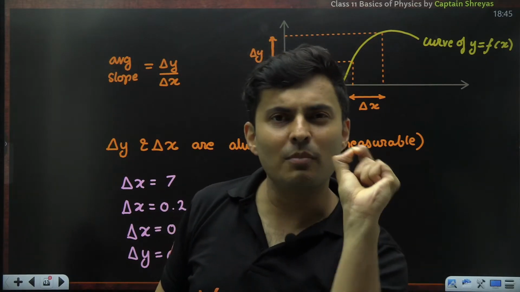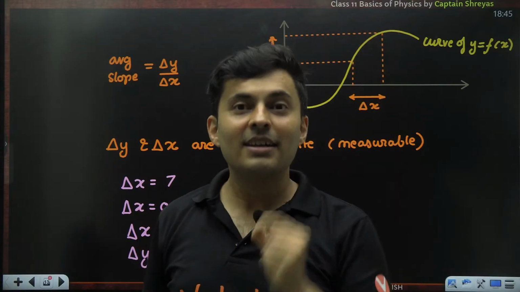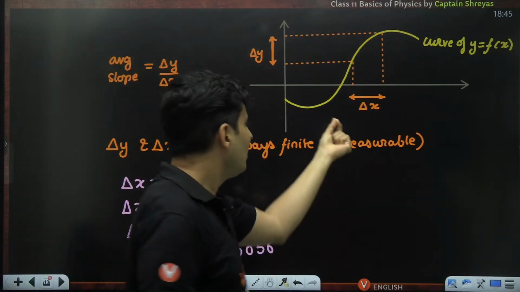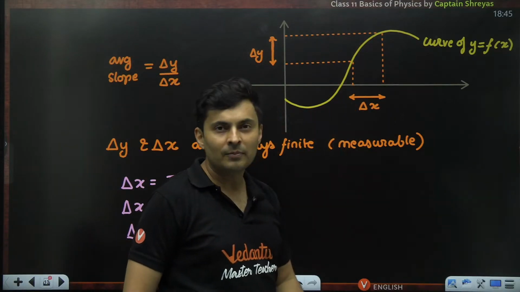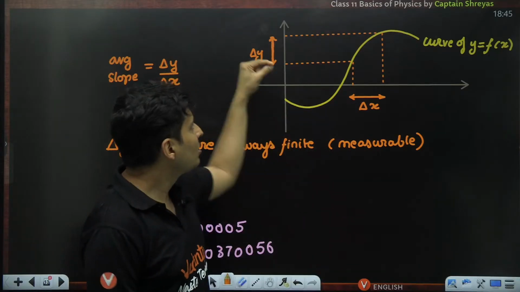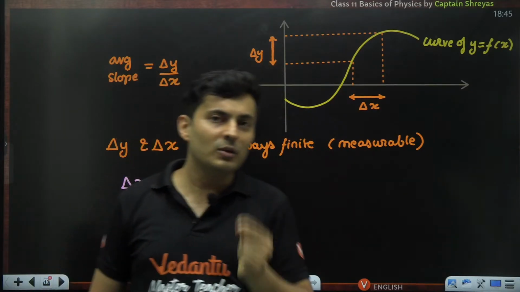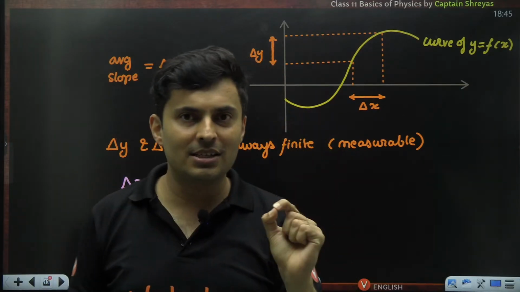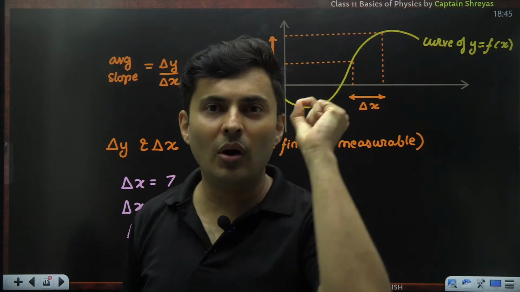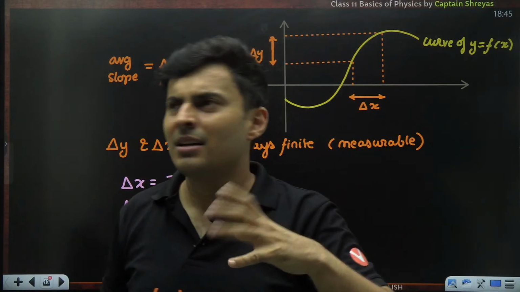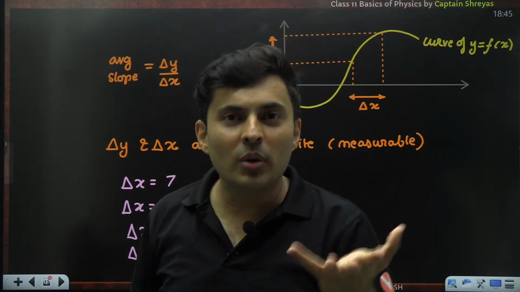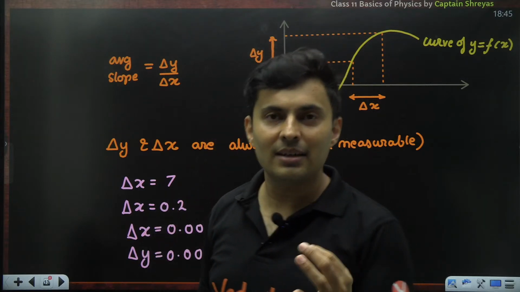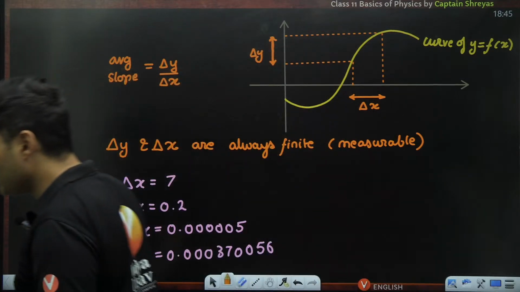So there is a very minute change in the taste. So I need to change my x very minutely. So the y will change very minutely, but it will change at that small addition. It's not so noticeable, but there is definitely some small minute change, isn't it?